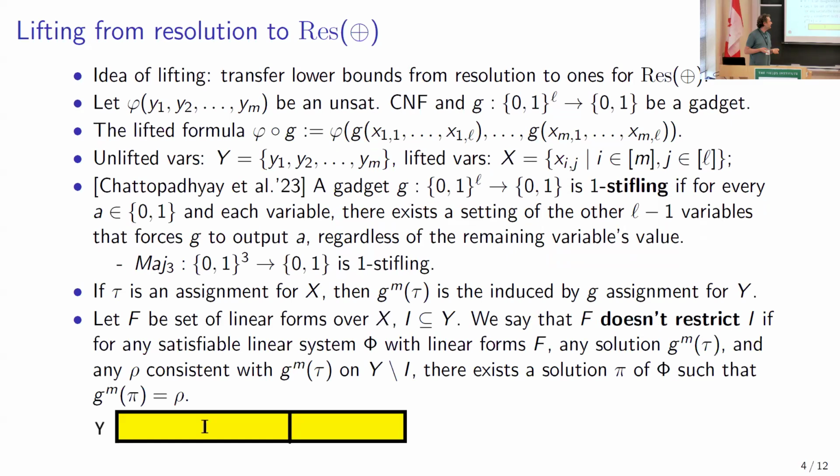It means the following: for any satisfiable linear system with linear forms F and its solution tau, consider the induced assignment on unlifted variables, and after it somehow change the values of variables from the set I. We can then find another solution of the system that will induce this assignment.